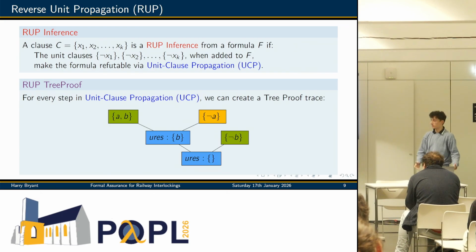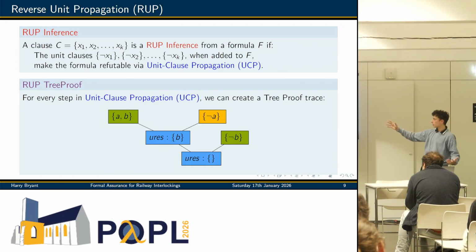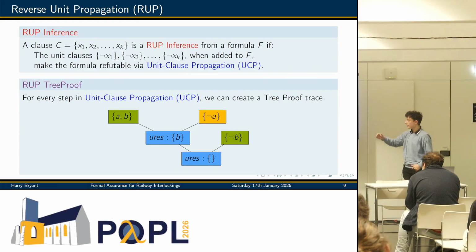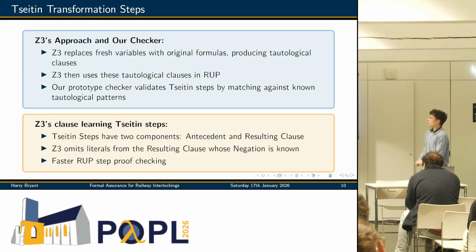We called it a tree proof because it looked like a tree. I'm not very creative with names. And what this means is, say you had A that was derived by RUP, you could add the negation of it, the A, and this shows that via one cut and then another cut with another existing clause, you would get a contradiction, and therefore that A would be a valid step. With Tseitin, well, it's slightly different to what usually happens.